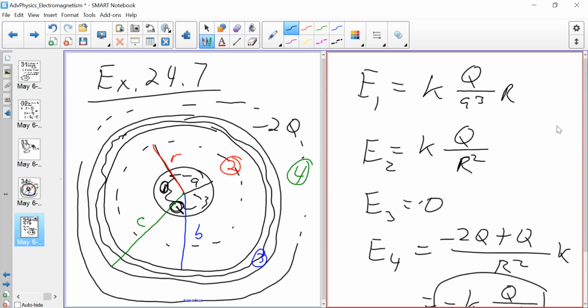So different charge configurations, like in this case, it's spheres. You can do a line, you can do a sheet of paper, or just a sheet of charge to figure out your different electric fields. And so that was last example, chapter 24.